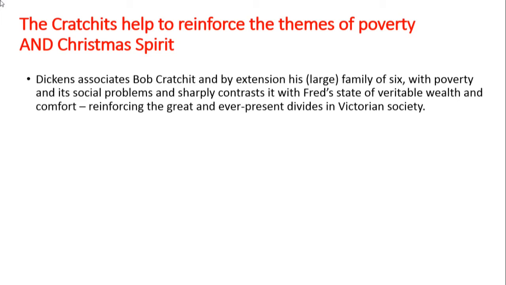Anyway, Dickens associates Bob's large family with poverty and therefore the social problems of the time. Now, the Cratchits' family Christmas actually contrasts quite sharply with Fred's family Christmas that we see as well. So by seeing that contrast, it shows just how huge the gap between the classes was in Victorian society.